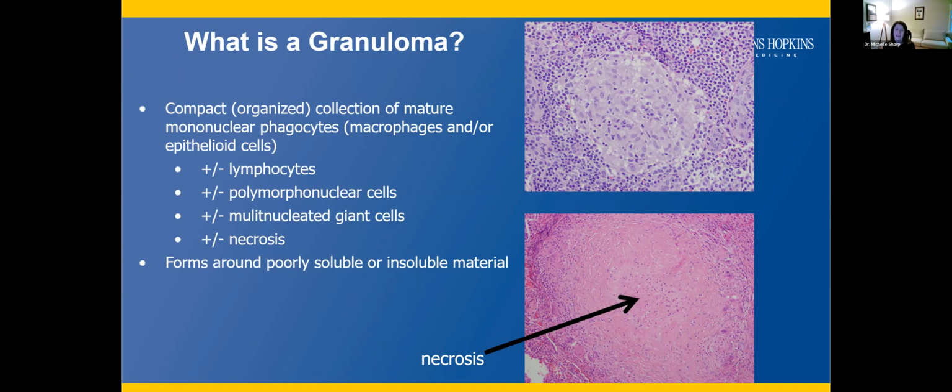The most important thing to understand about a granuloma is that it forms around things that are poorly soluble or insoluble, which means that they can't be fully taken up. It is your body's way of trying to protect itself. I like to think of it as your body walling something off that shouldn't be there.